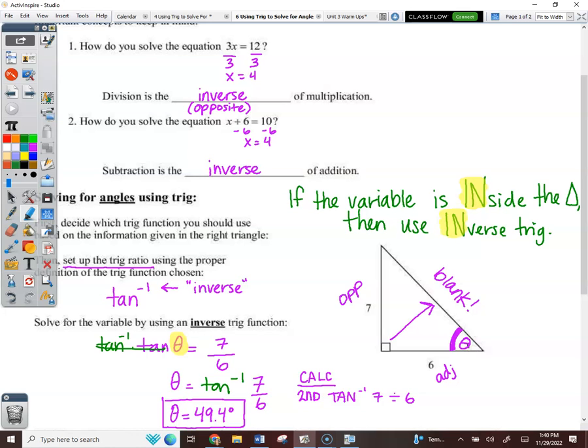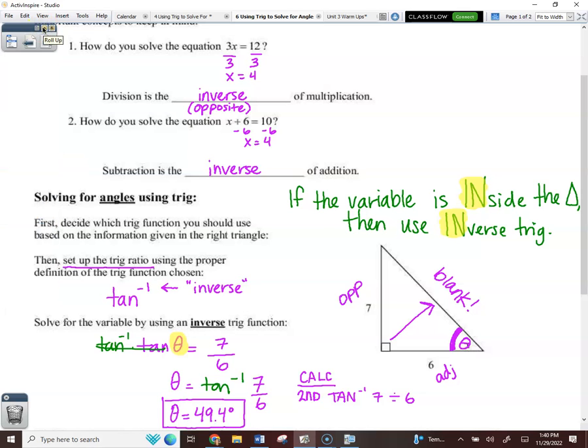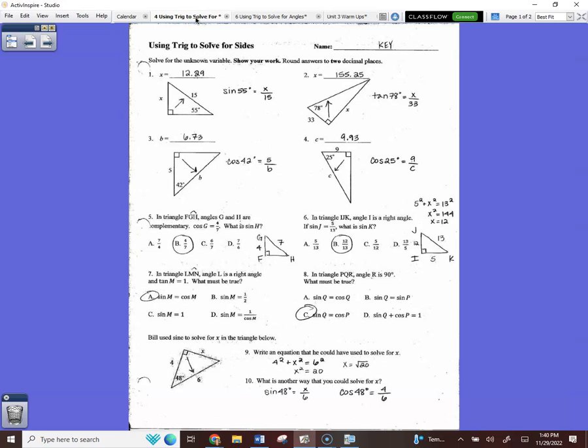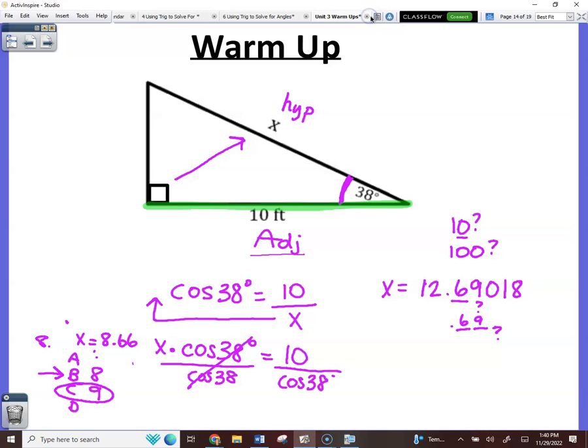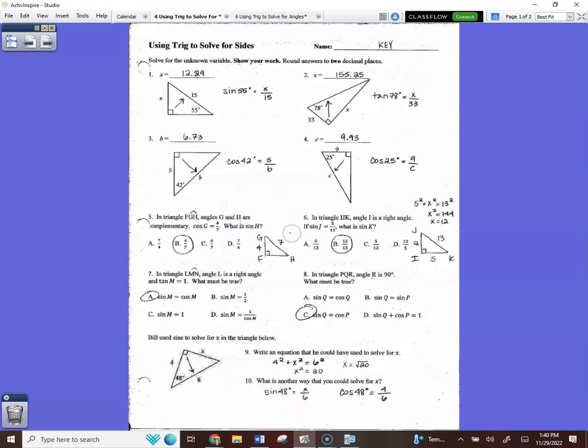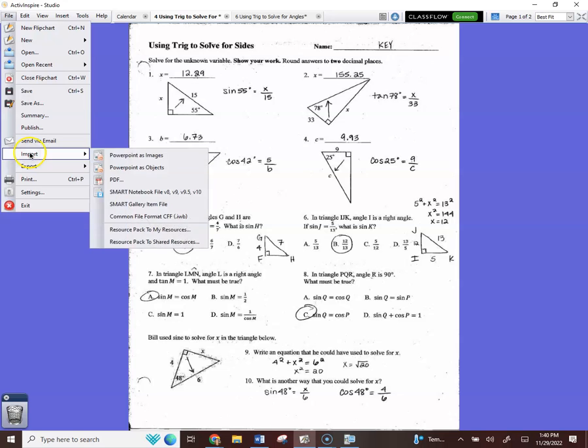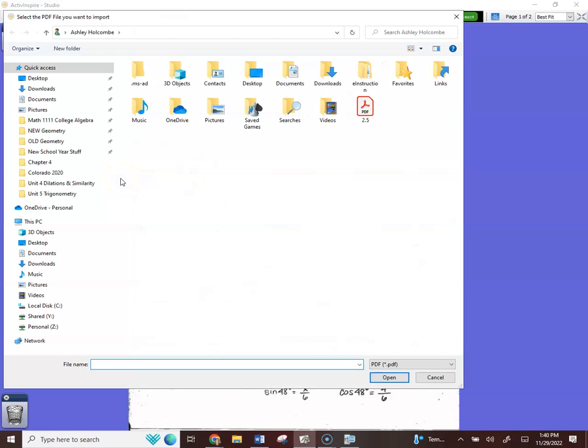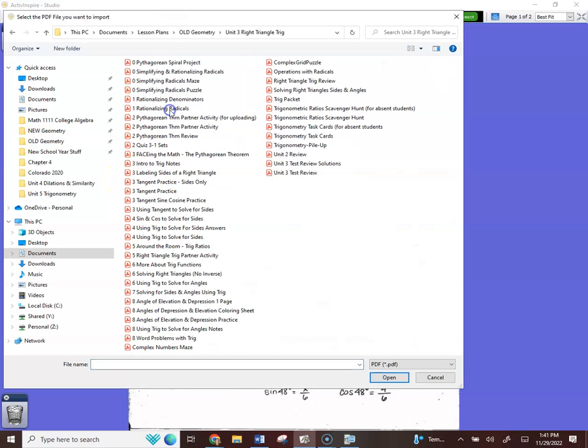Okay? So now go to the new paper that you just got, page 75. Copy the 3 trig functions to the top of the paper that you just got. I'm pulling it up. Hold on.